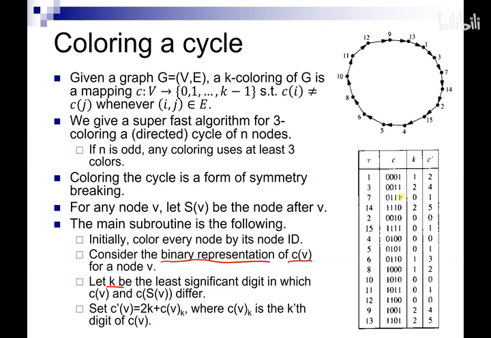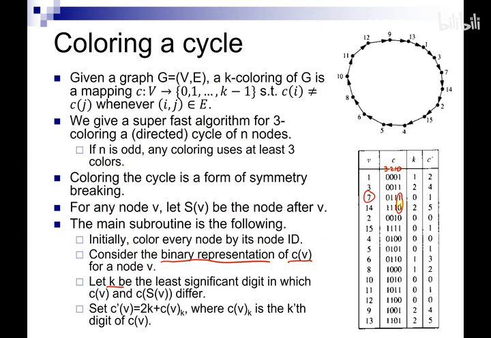Then for each pair of nodes, for example, let's say that v is this node with color 7 right now, we're going to look at this node and its successor node, and look for the least significant digit where their colors differ. Let's call this the 0th digit, then the 1, 2, and 3.